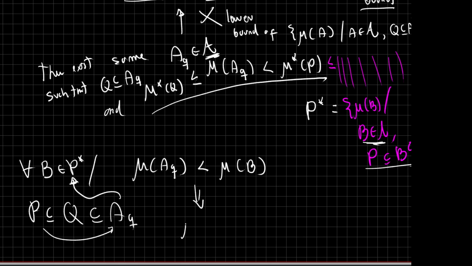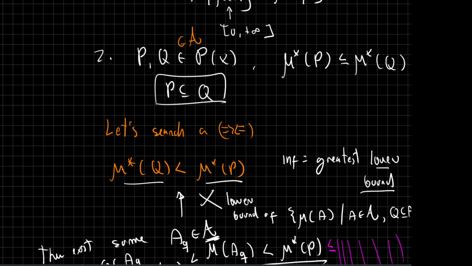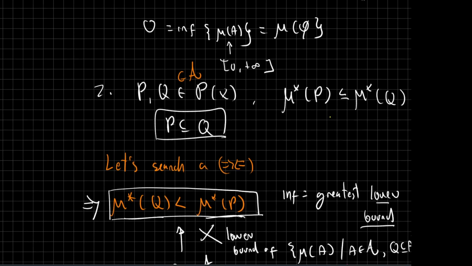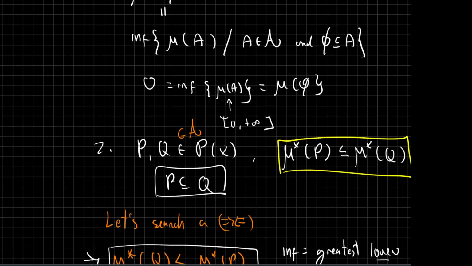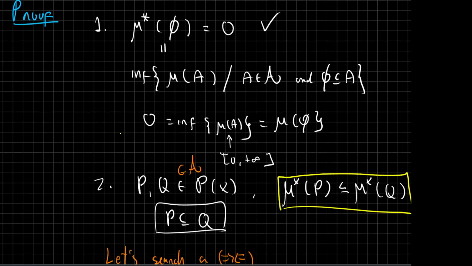So this implies that the measure of AQ is less than the measure of AQ, which is clearly a contradiction. This happened because we were under the assumption that this is true, so its negation should be true, and so we arrived at this. That takes care of the second property of outer measures.